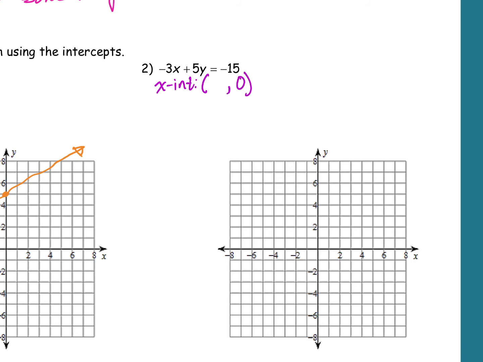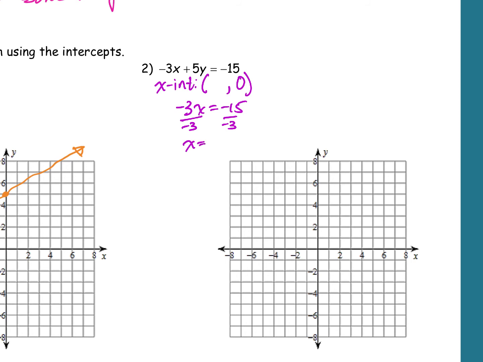So if my y is 0, that means I'm going to have -3x equals -15. Everyone okay with that step? All I did is take my y term out, right? Because 5 times 0 is 0. Do I need to write that out there? Everyone okay with that? Okay. So then I'm going to divide by -3.